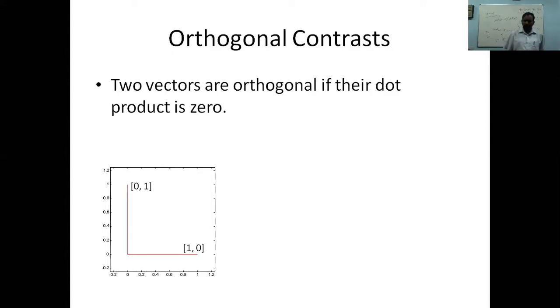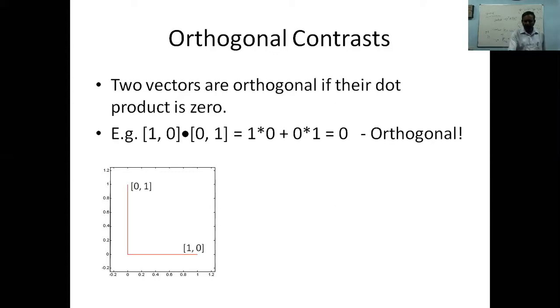When you want to say these two vectors are orthogonal, their product should be equal to 0. What do you mean by product? It is multiplication. That means you multiply 1 with 0, plus 0 with 1, and then it should be equal to 0.